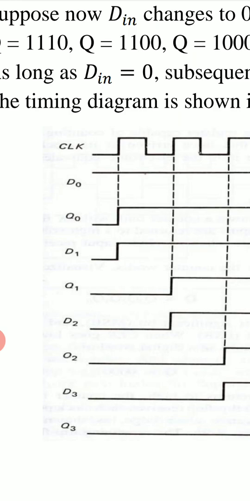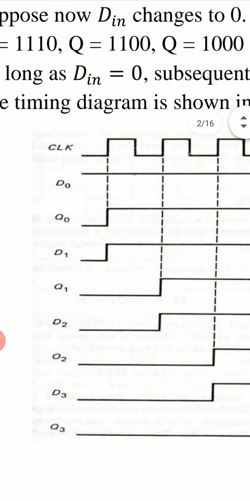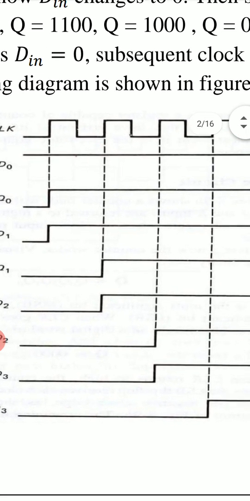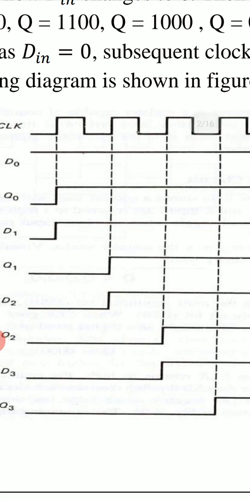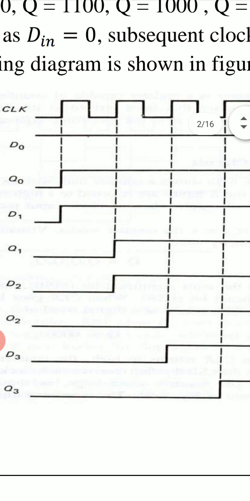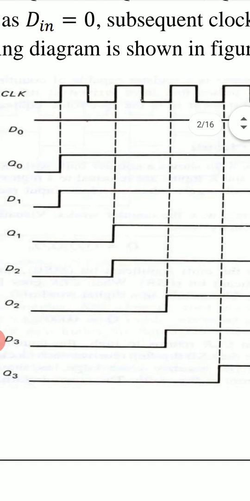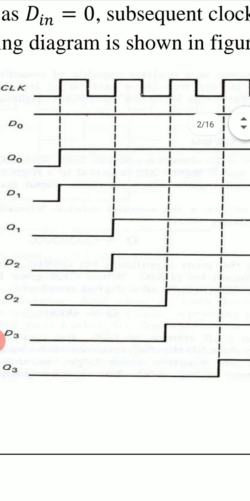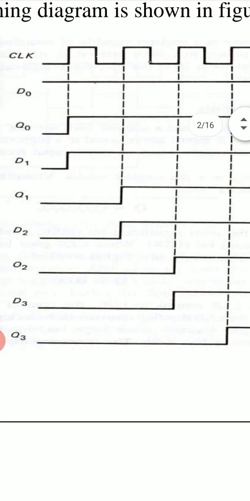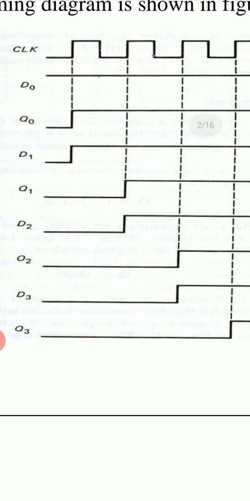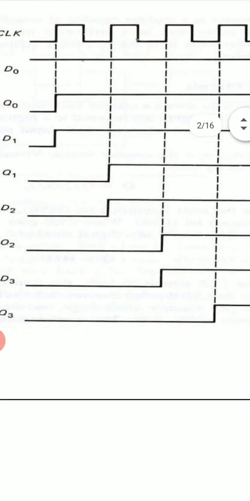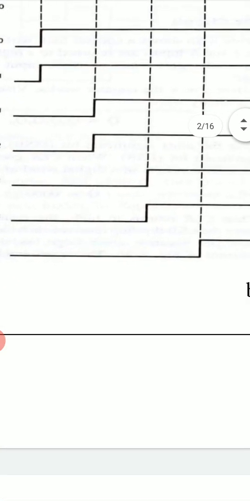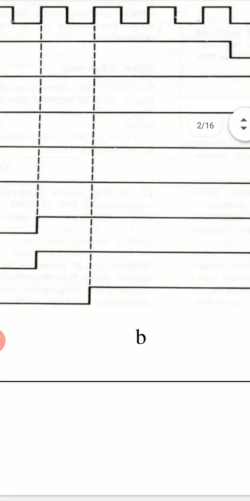Now Q1 will become 1 when the next positive clock edge arrives. This is the second dotted line which shows the next positive clock edge. Here Q1 goes to 1 and then D2 also goes to 1. And when the next positive clock edge arrives, it produces Q2 equal to 1, hence D3 equal to 1. And when the next positive clock edge arrives, this Q3 becomes 1, and so on.